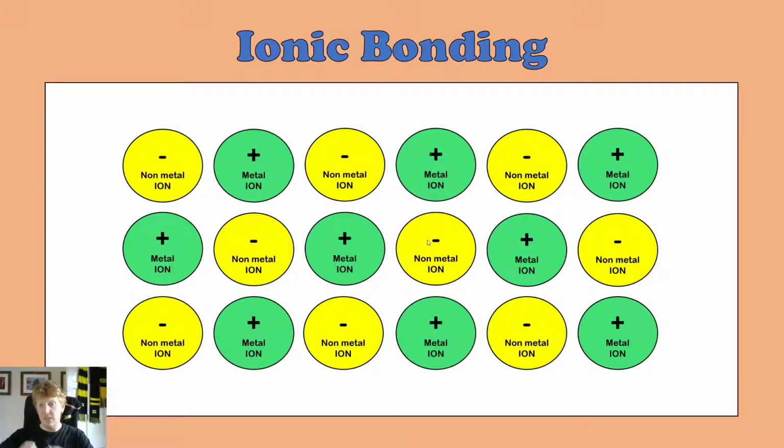And so this lattice structure where each positive is completely surrounded by negative and each negative is completely surrounded by positive is incredibly strong. That bonding is really, really strong, which underpins a lot of what happens in ionic bonding. And that is a lattice structure just there, okay?